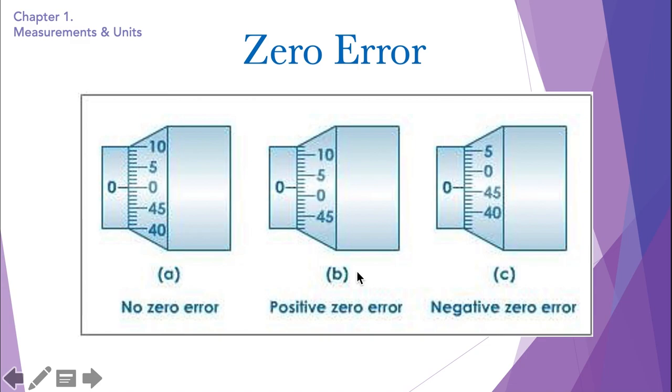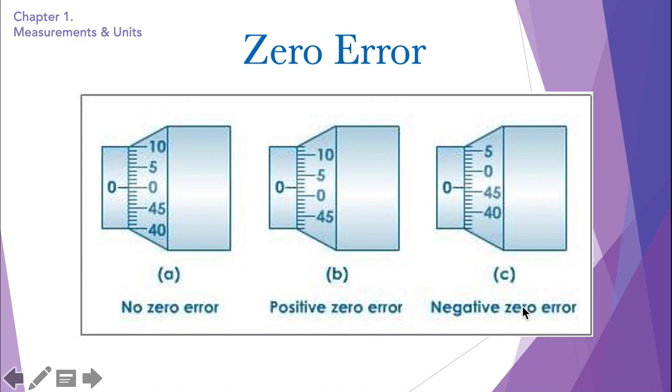Same as Vernier calipers, the micrometer screw gauge also has a positive zero error and a negative zero error. Positive zero error is when the zero on the fractional scale is lower than the zero on the main scale. And the negative zero error is when the zero on the fractional scale is above the zero on the main scale. Something like this. So this is a positive zero error and this is a negative zero error.